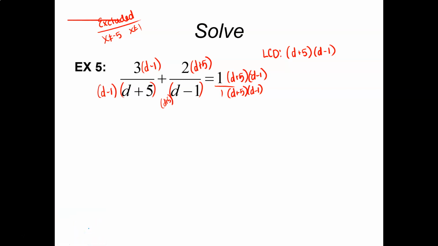Now, my denominators should be the same for everything now. So I'm just going to cancel them out. Save me a step of writing all that. So I have 3 times D minus 1 plus 2 times D plus 5 equals 1 times D plus 5, D minus 1.